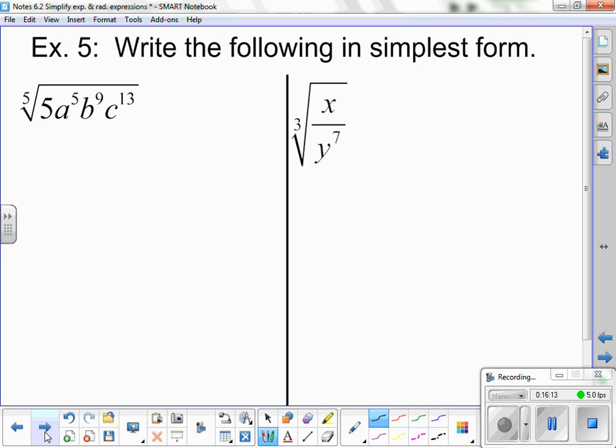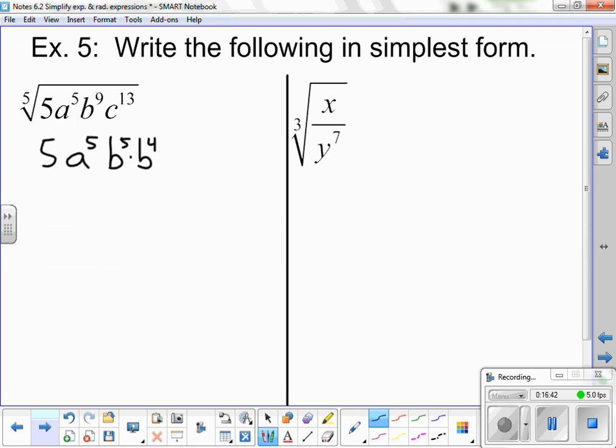Okay, so let's try this one. Let's get 5th powers going here. So 5th powers. So 5 can't really turn 9 to the 5th power. 8 to the 5th power, nice and neat. B, 9 is, so we're going to be using different properties here to try to help us out. So b to the 5th times b to the 4th is b to the 9th power.